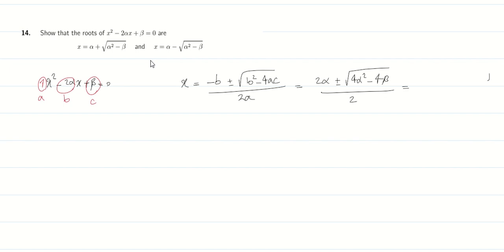Now looking at the expression under the square root, we can see we can factor 4 out of it. So this can be written as 2 alpha plus minus square root of 4 times alpha squared minus beta, divided by 2.